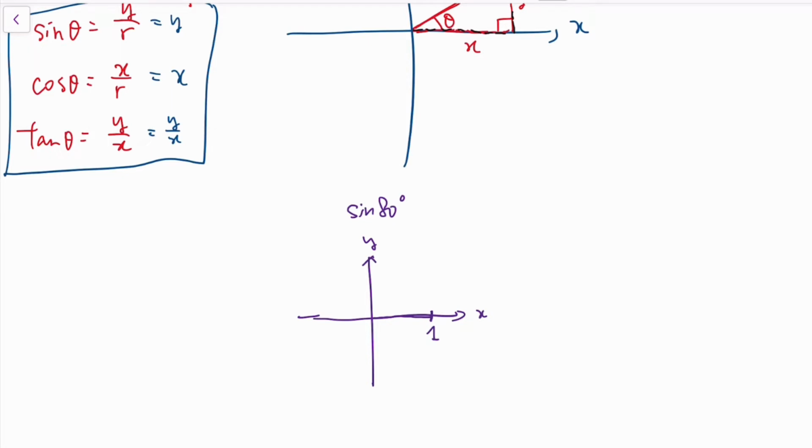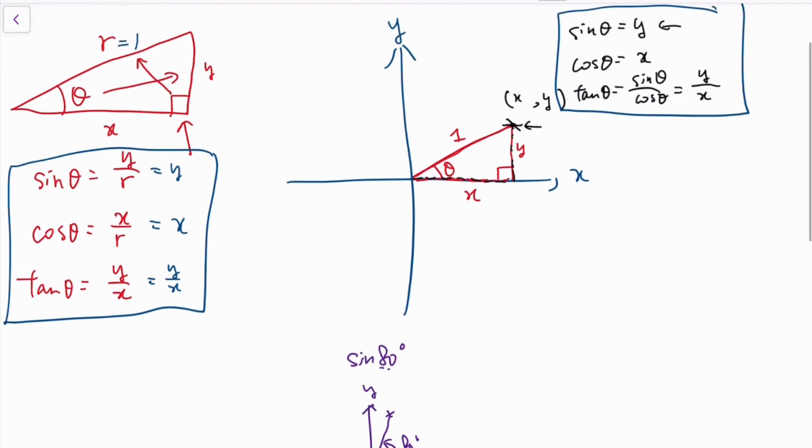And then you rotate this line anti-clockwise by 80 degrees. So you can imagine I'm basically forming a right angle triangle where this angle is 80. But forget the triangle now. It's simply rotating the line by 80 degrees.